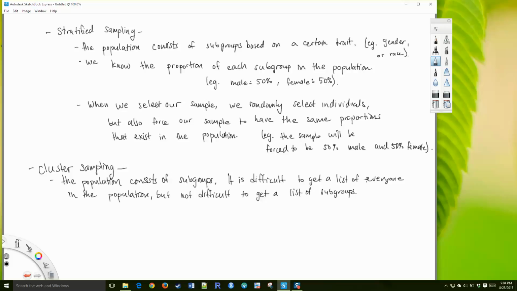Okay, so what you do is you randomly select some groups from the list of groups, and then perform sampling, either sample everyone or perform random sampling within these selected groups.